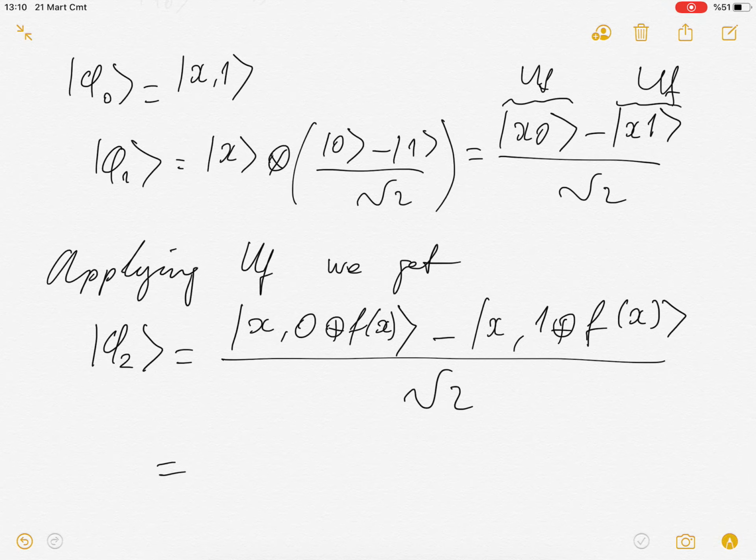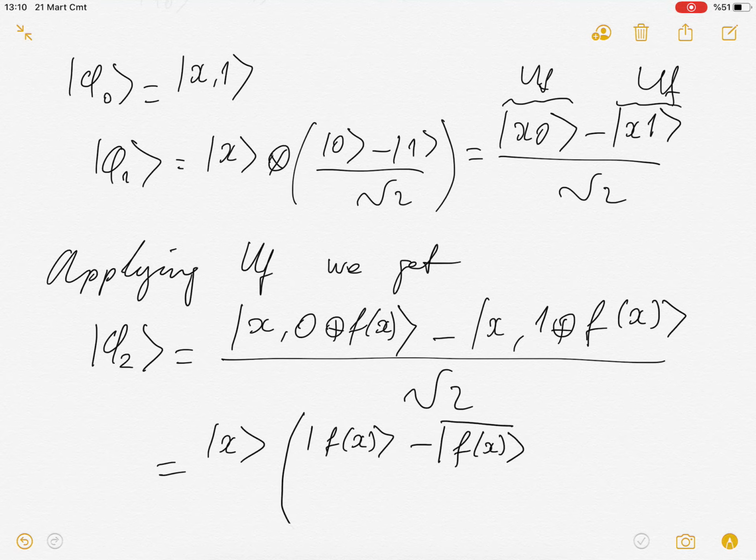So this will be actually equal to, let's take out x. x will be our first qubit, and the second qubit will be in a superposition, (|f(x)⟩ - |complement of f(x)⟩)/√2.